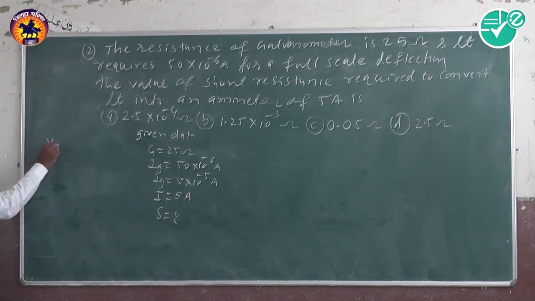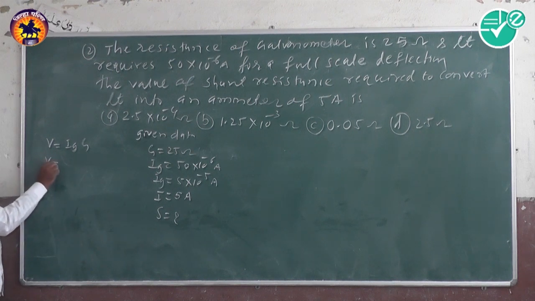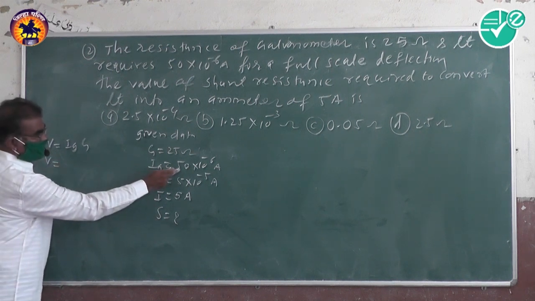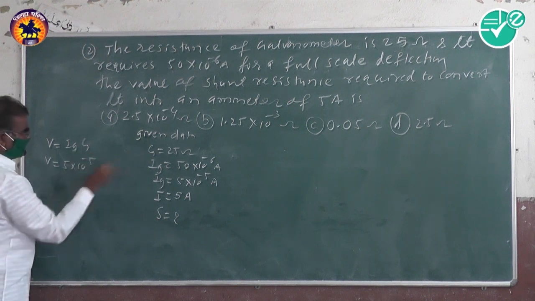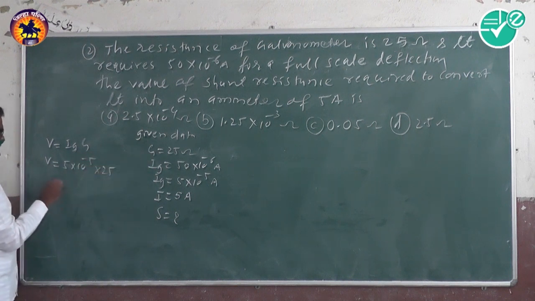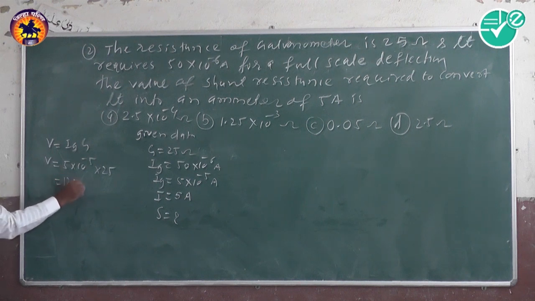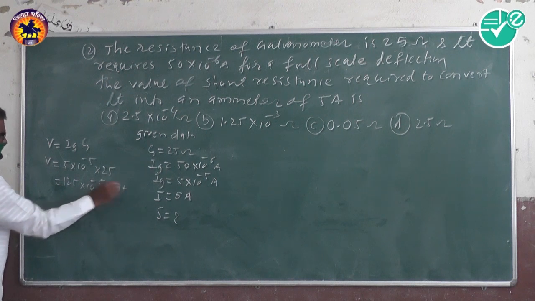We have to find V equal to Ig into G. That is V equal to Ig, which is 5 into 10 raised to minus 5, and G is 25. That is 125 into 10 raised to minus 5 volt.